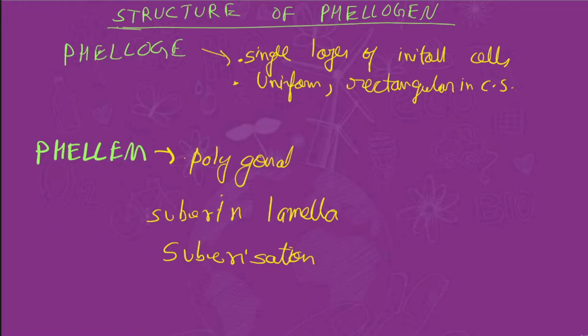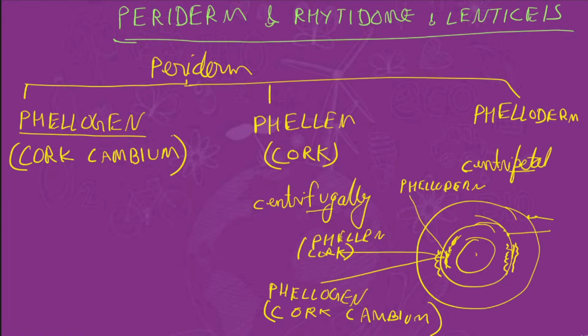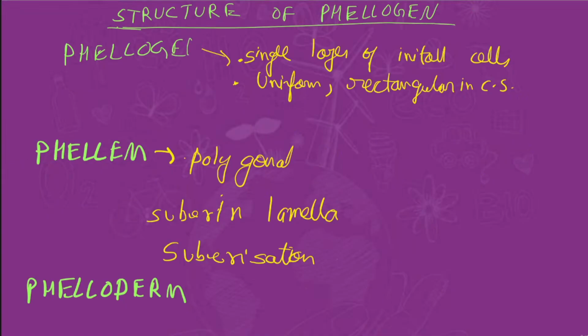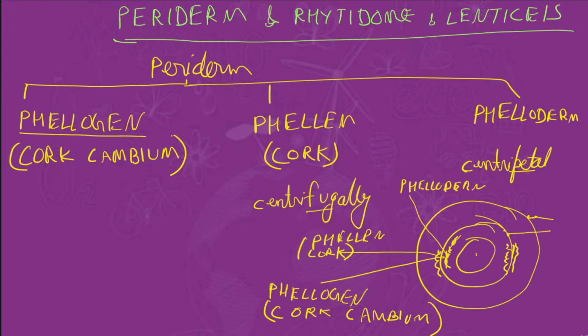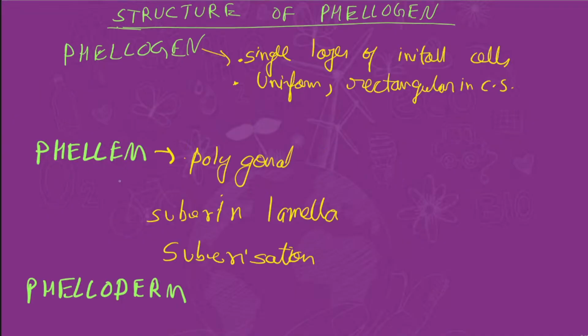Phelloderm. We discussed cork cambium, phellem and phelloderm. The phelloderm cells are living cells with non-suberized walls.